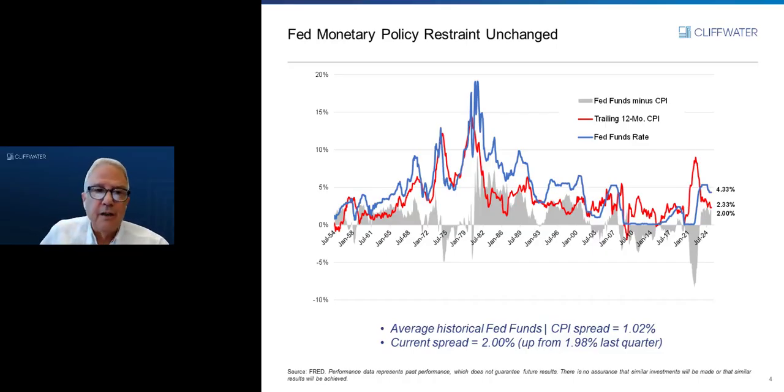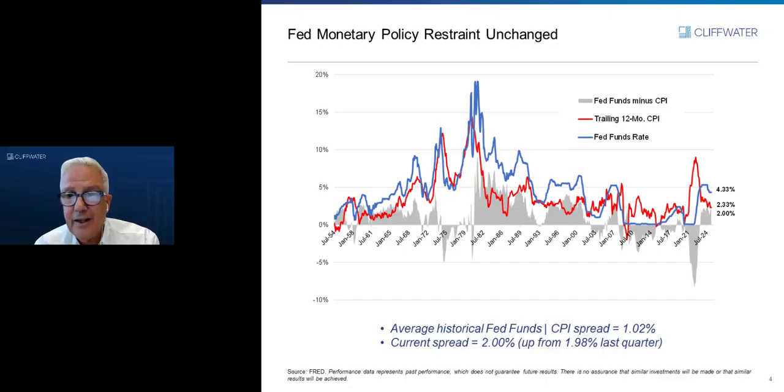In terms of monetary and fiscal policy, I'd like to talk about monetary policy first. And basically, it continues to be restrictive. You know, we went through this post-COVID period where it was very accommodative. We show here two lines and a shaded area.